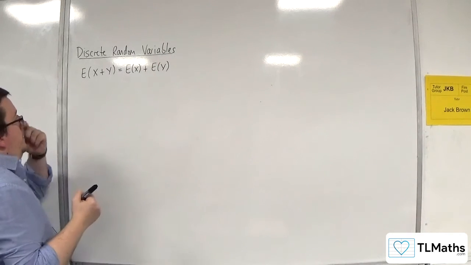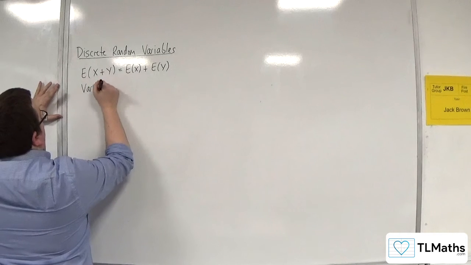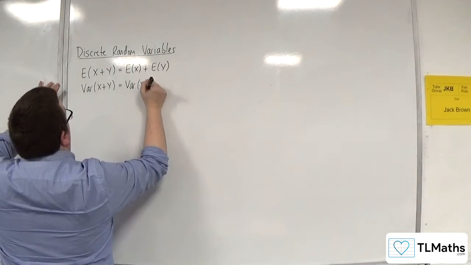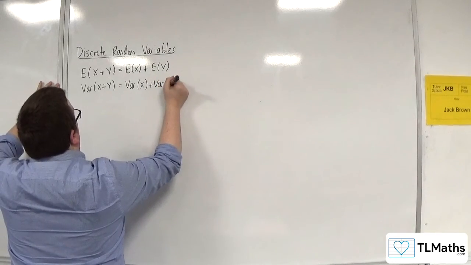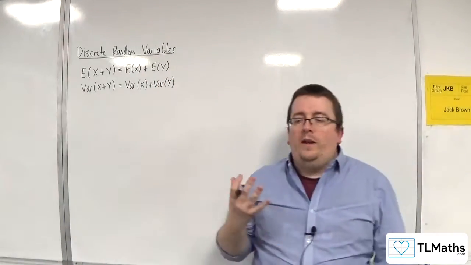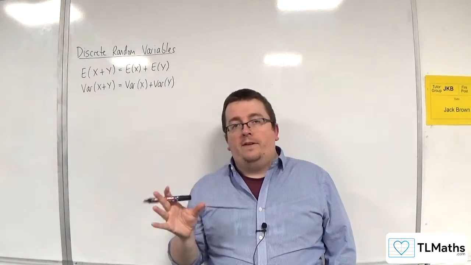Okay? Now, we also had that the variance of x plus y is equal to the variance of x plus the variance of y. Now, within this, we considered that we had to have independence.